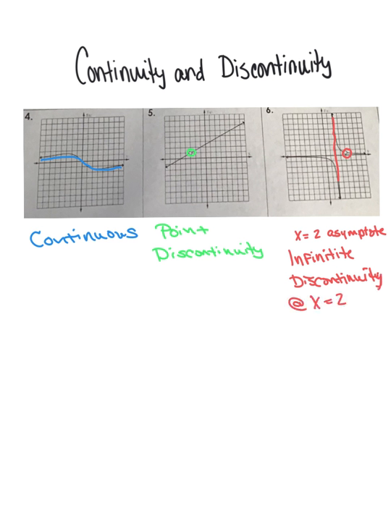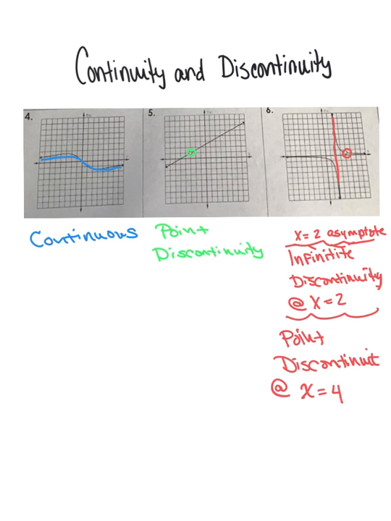And then I have point discontinuity as well. And that looks like, so 1, 2, 3, 4, at x is equal to 4. Oh, so I need to go back over here and put where my point discontinuity is for this one. 1, 2, 3. So x is equal to negative 3 is where my point discontinuity is for number 5.